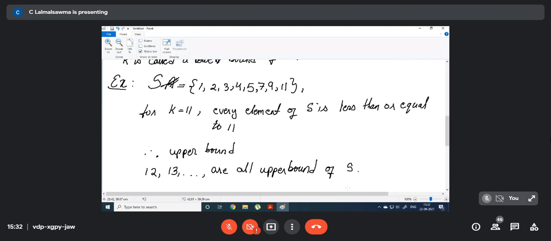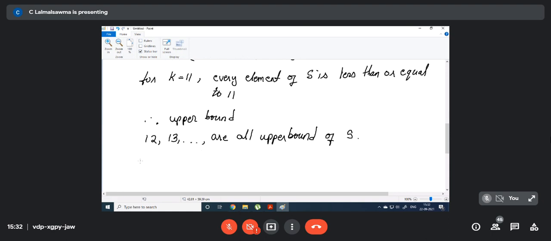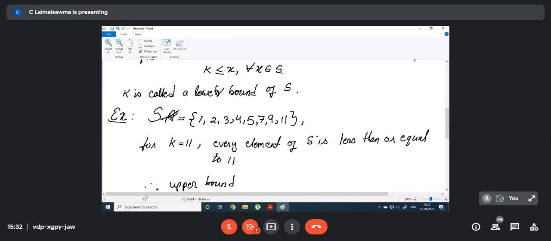So from this, I think you understand what a lower bound is. Can anyone tell me one example of a lower bound? One. Okay. Can you give another? Two.